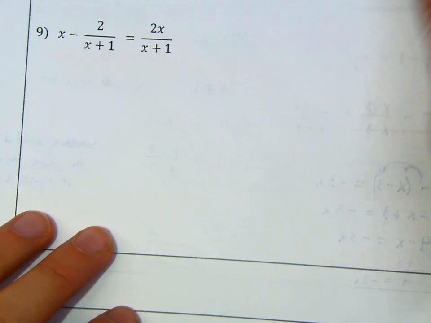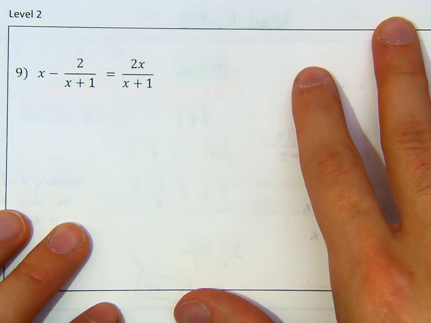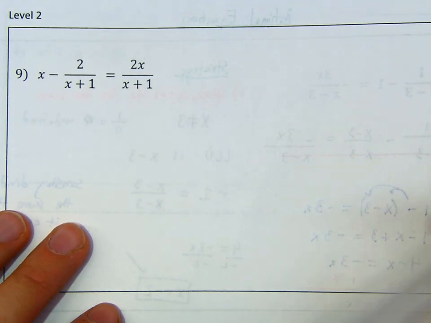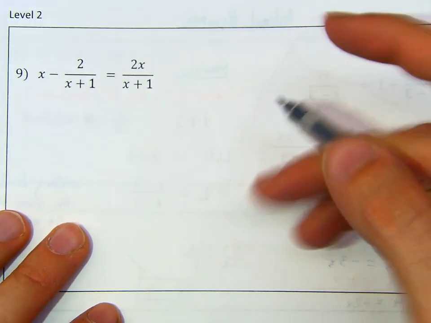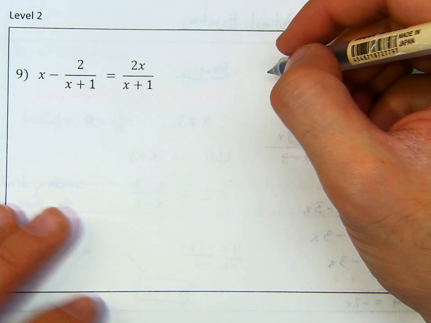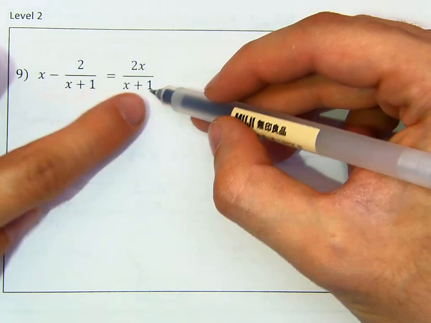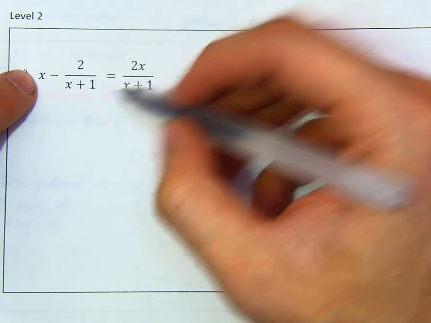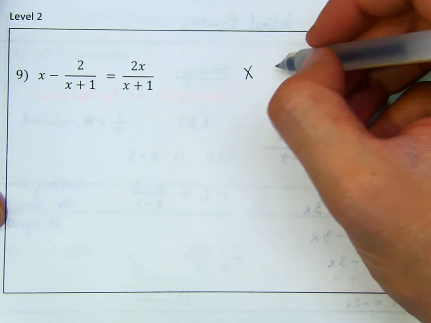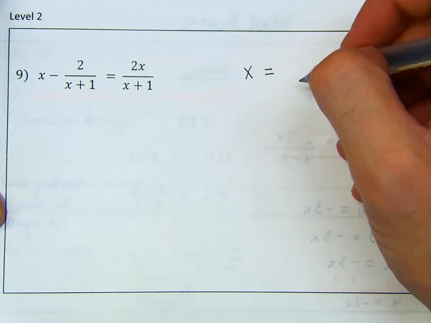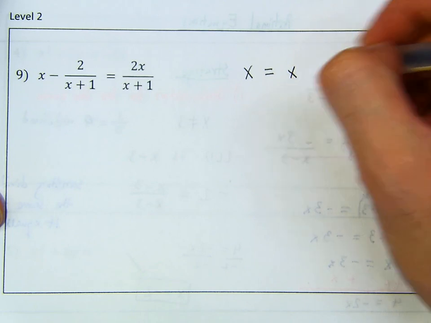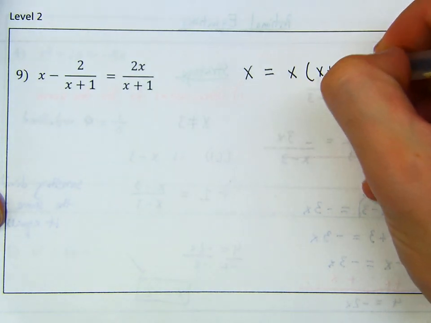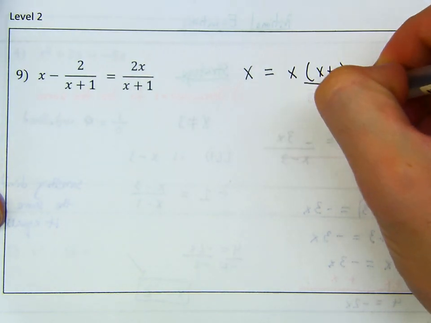Try and do level 2. Let's do level 2 very quickly. The idea for the level 2 over here is, notice that you have x plus 1 and x plus 1. You want this x to somehow have some x plus 1 on the denominator, and the trick for this, notice that x is the same as x times x plus 1 over x plus 1, okay?